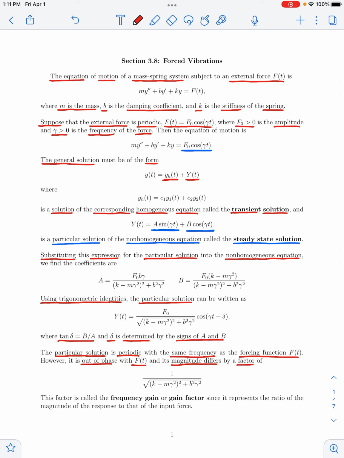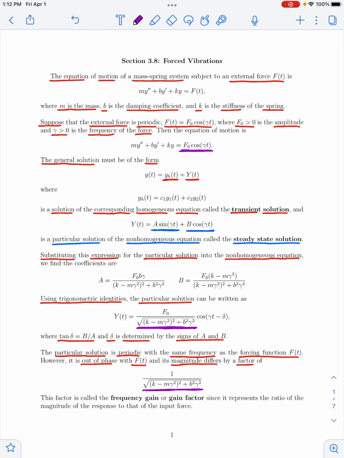So we see here that when we compare the magnitude of our forcing function, which was F0, and the magnitude of the particular solution, they differ by this factor 1 over that square root term.